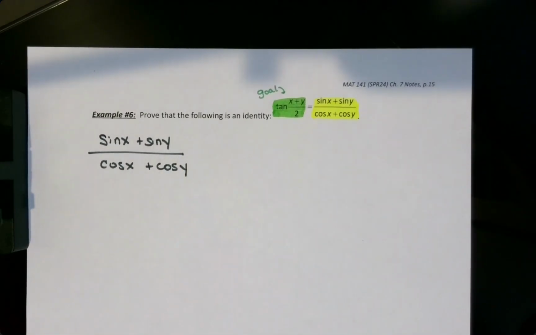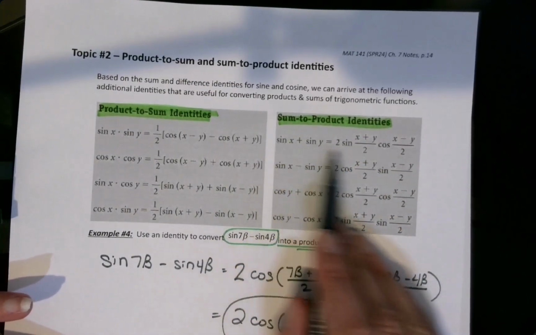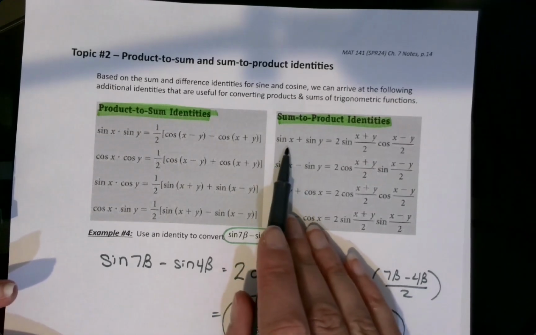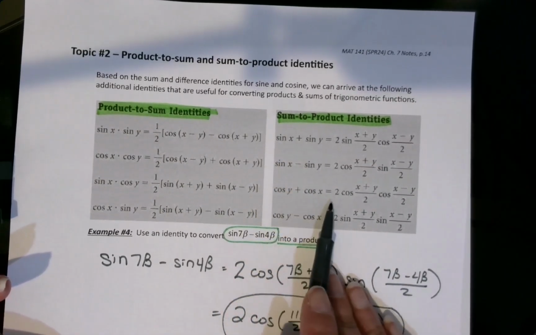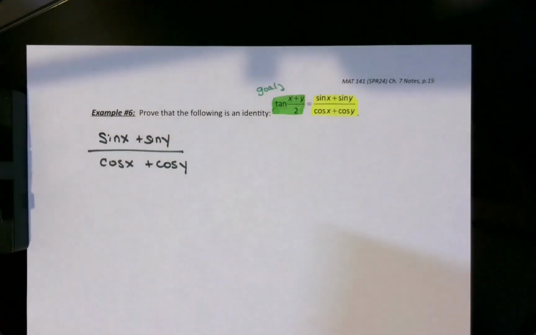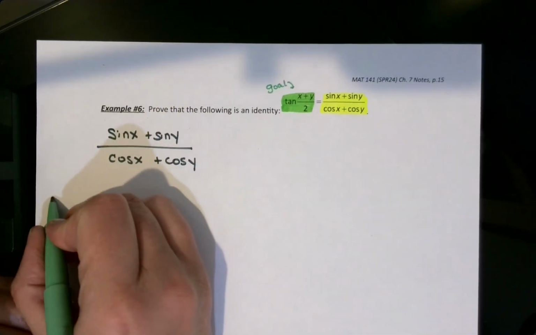So we're going to use those sum to product identities. We're going to be working on these sum to product identities using the sine x plus sine y and the cosine x plus cosine y down here. So let me write down the identities we're using. We're using sum to product.